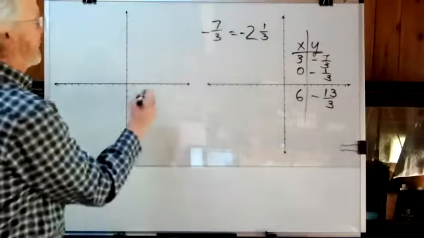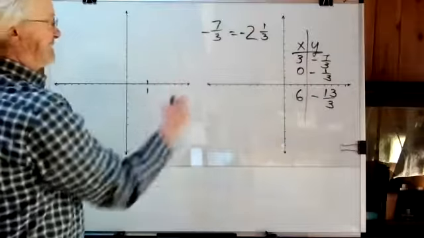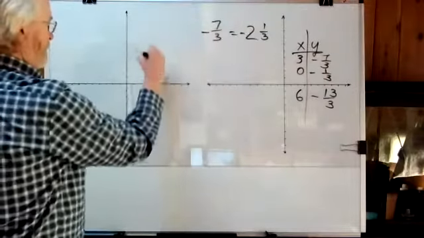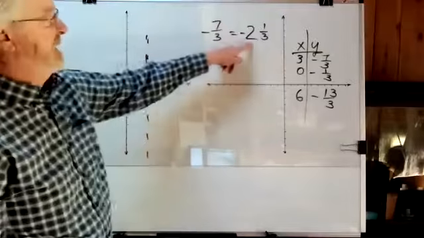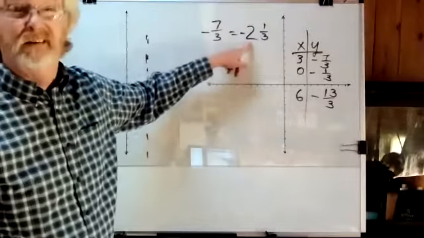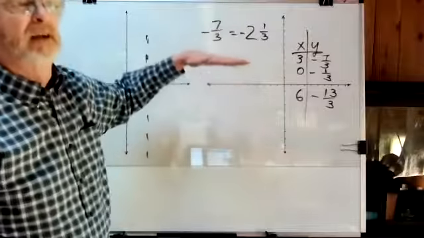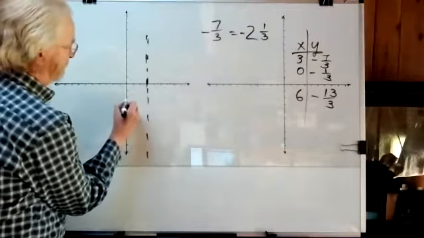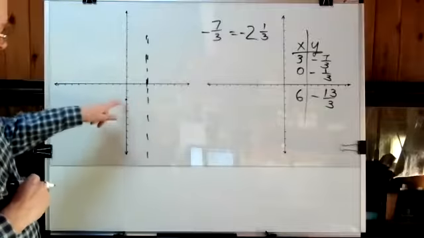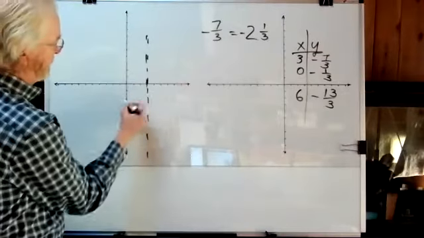Okay, I'm at 3. So that point's got to be somewhere at this X value, and the Y is negative 2 and 1/3. 2 down and another 1/3 down. Now just on the Y-axis, I'm over here, 2 down and a 1/3 down.